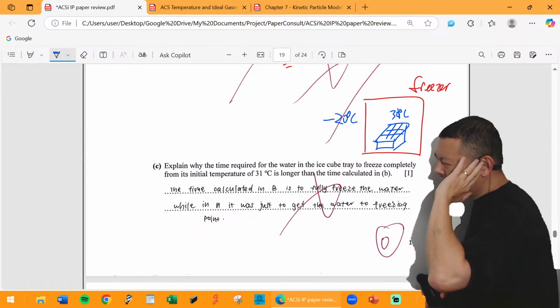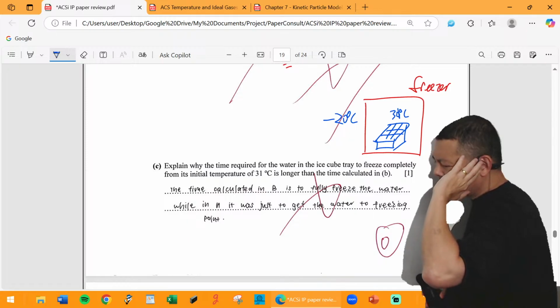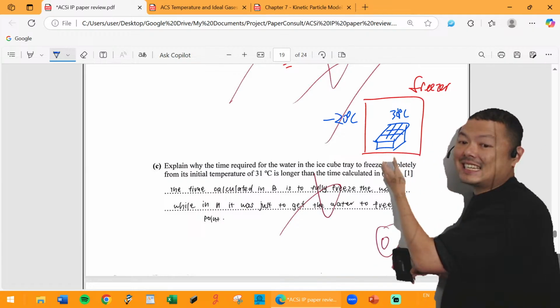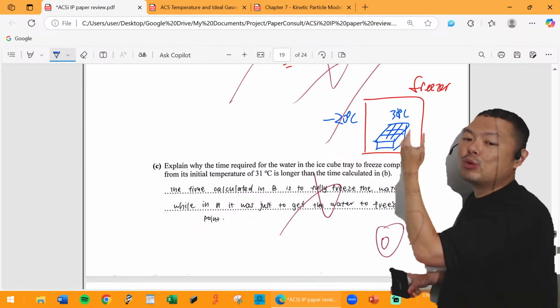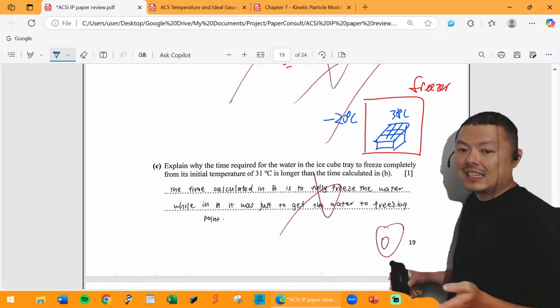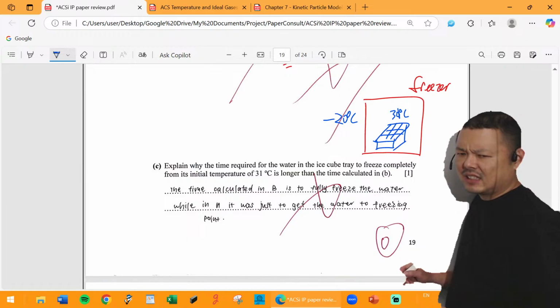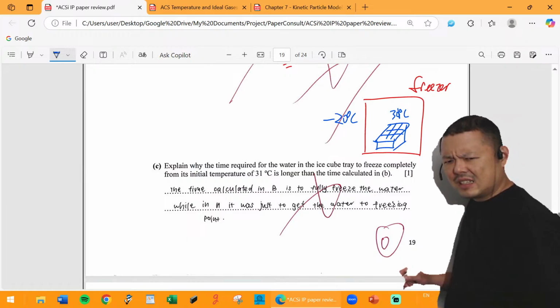Sorry, one more time, Ben? Yes, that's correct. You? Hello, the ice is trying to freeze. It's trying to lose heat. What you say there is heat gain. It's heat loss to surroundings. Gain heat from where?